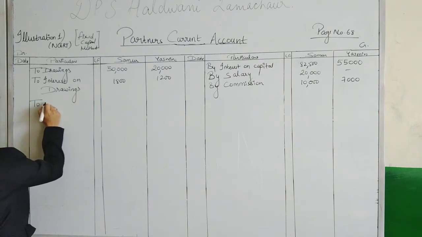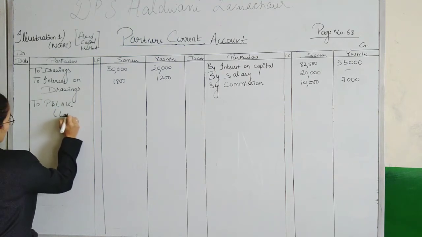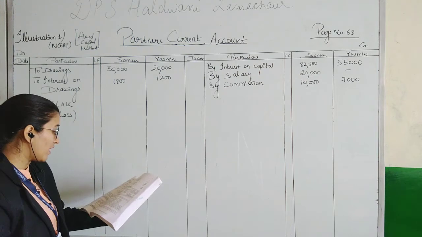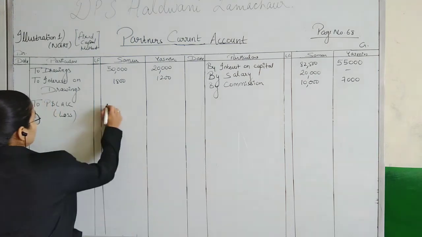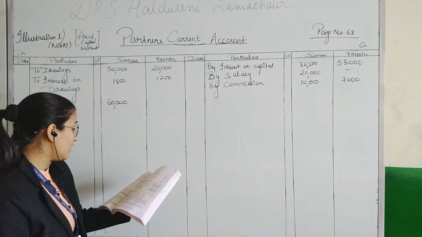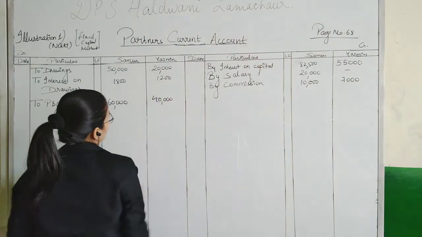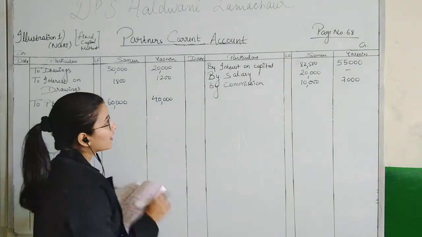Now next is share in loss. So we will write here to P&L account loss. So the amount of loss shared by Sameer is 60,000 and the loss shared by Yasmin is 40,000. Now we will see which side is having a greater value.